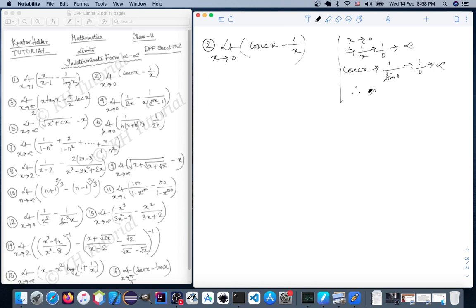So therefore we have the infinity minus infinity form.